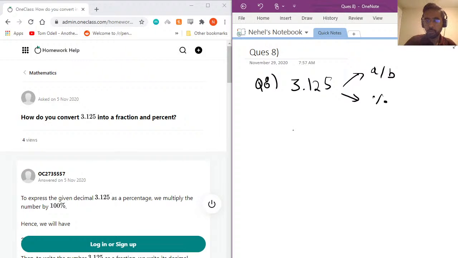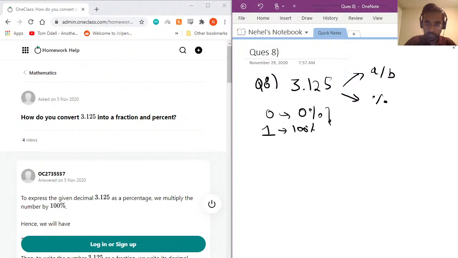The way you convert any given number to a percent is you multiply it by 100%. So in your mind, you should already know that since this number is greater than 1, you would get a percentage which is greater than 100%, because essentially 1 represents 100% and 0 represents 0%.